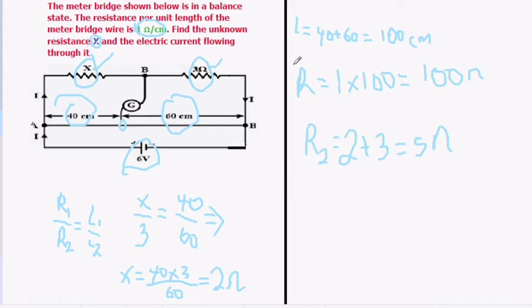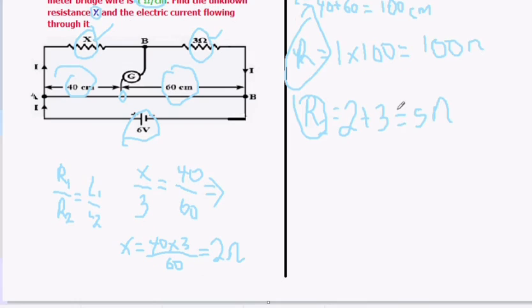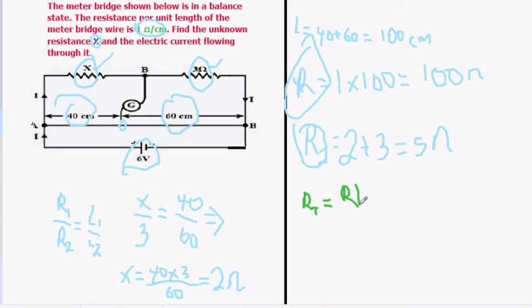Now the resistance of the wire, which is R, is in parallel with R2. For parallel resistance, their combined resistance, which I call R total, equals R times R2, the combined resistance in series, divided by R plus R2.